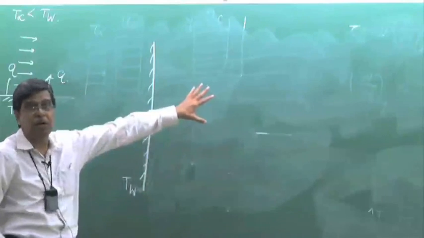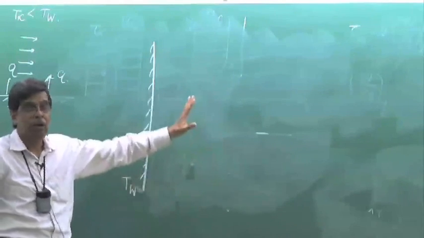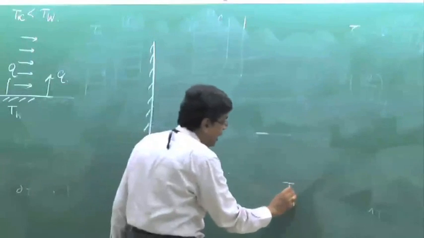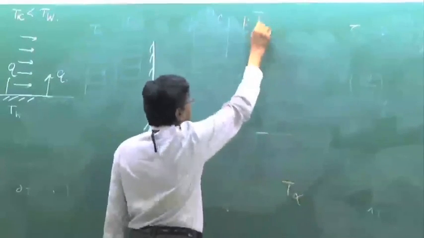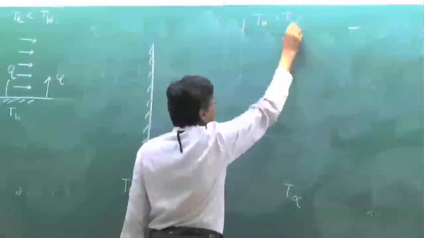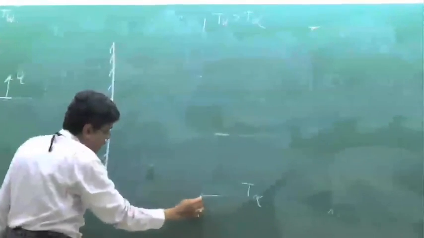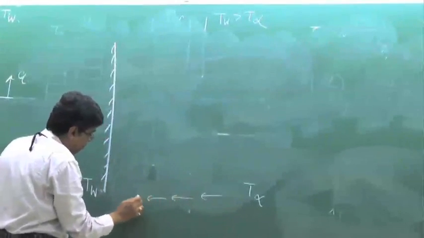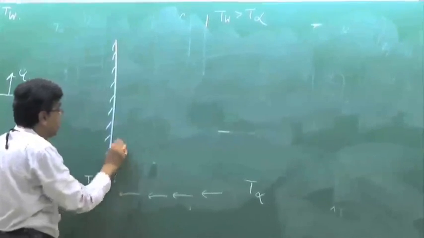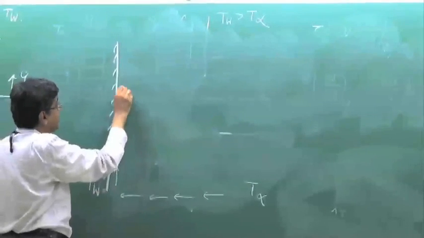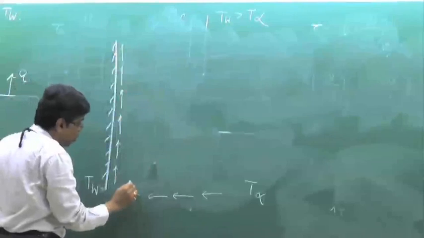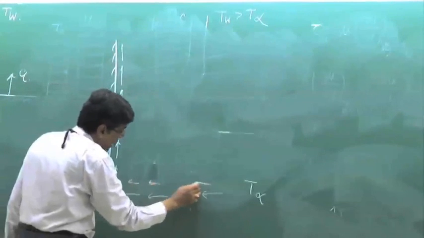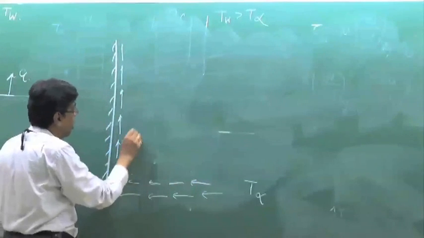If there is a vertical plate which is at temperature TW different from the temperature of the surrounding fluid in quiescent state, T infinity, and let us consider that TW is greater than T infinity. I told you a motion like this will be set up because of the buoyancy due to the temperature difference. A motion which is shown like this, the air will flow like this.